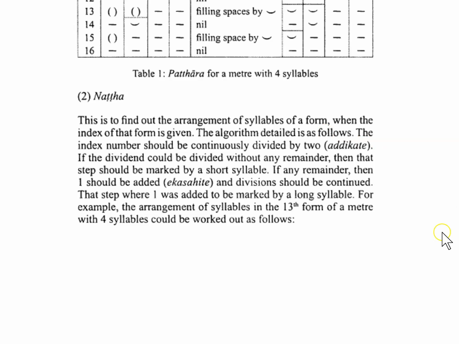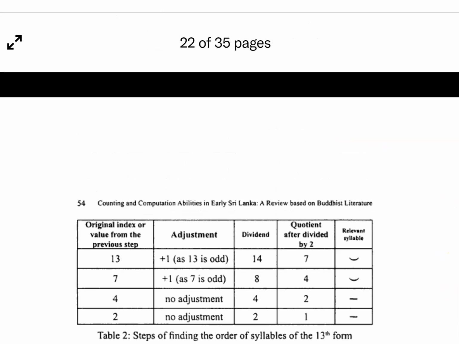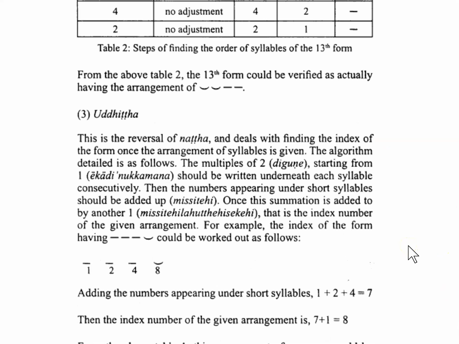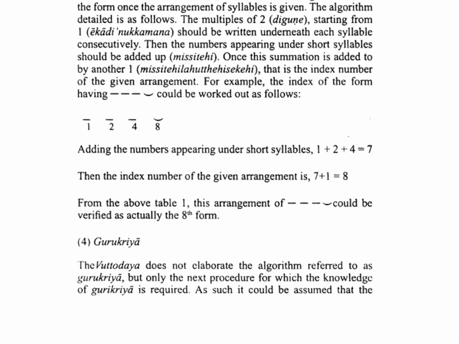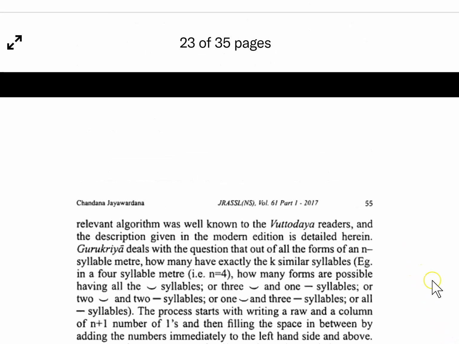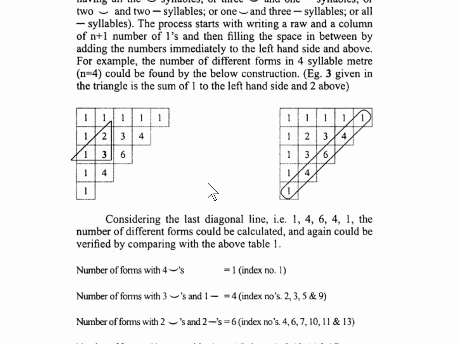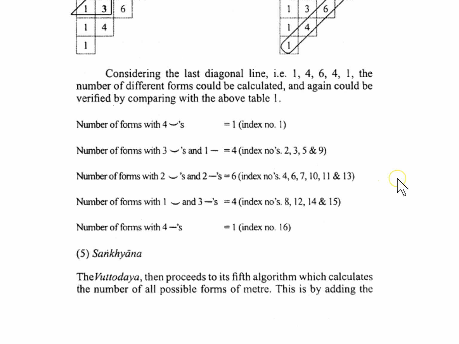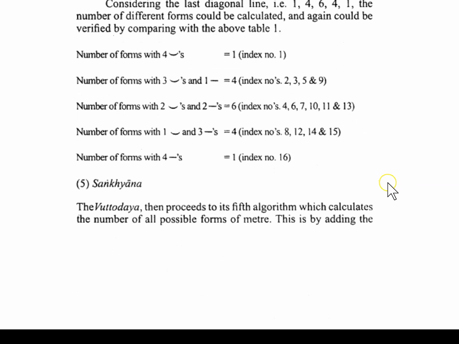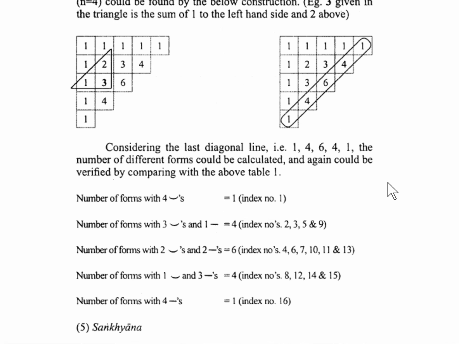And there's another algorithm called Nashta and various other algorithms, Guru Kriya, and you would see the so-called Pascal's triangle. Stick around to part 3 and you would see what they did, etc. So basically, this is the roundup of the YouTube series.